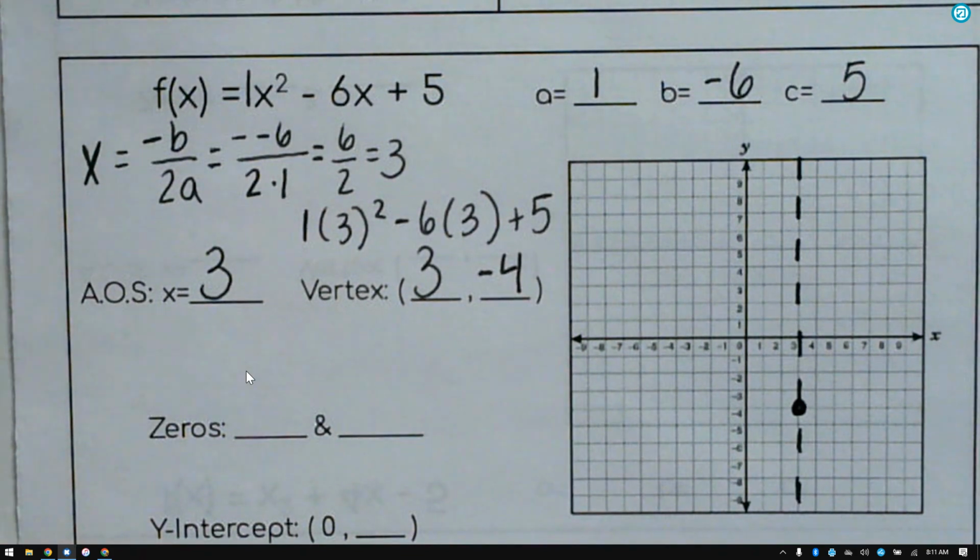Put a dot at 3, negative 4 on my graph. Any questions right now about axis of symmetry or vertex?